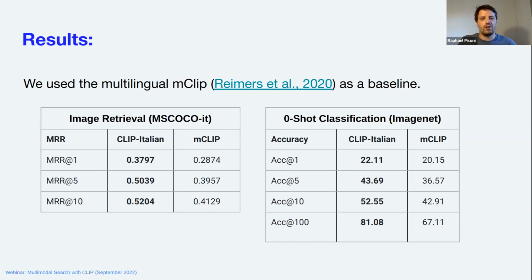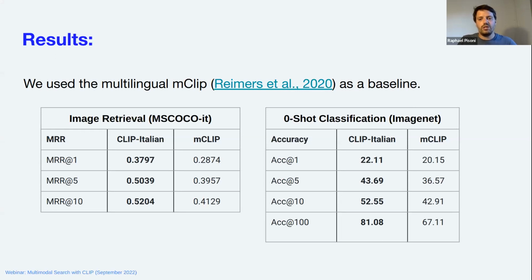mCLIP is a multilingual CLIP version by Nils Reimers that also understands Italian. It was trained with a completely different approach of multilingual knowledge distillation, which is also a really interesting approach. But we were able to show that our model could beat this mCLIP.